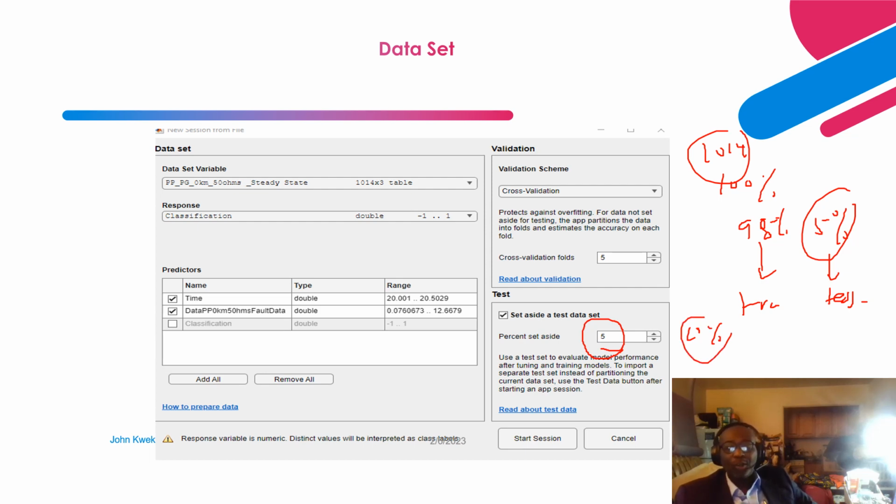So for instance, if I have a data of 1,014, definitely I would like to take only 5%, right? Which corresponds to about 50. If I have a data, let's say about 10,000, then I'll be leaning on about 2% or 1%, right? So that's how it goes. The higher your data set, the lower percentage you want to set aside for your testing.